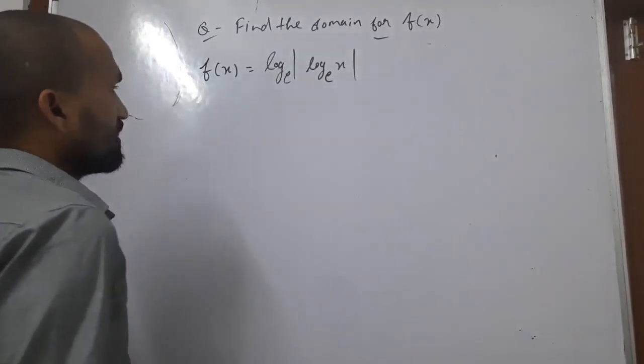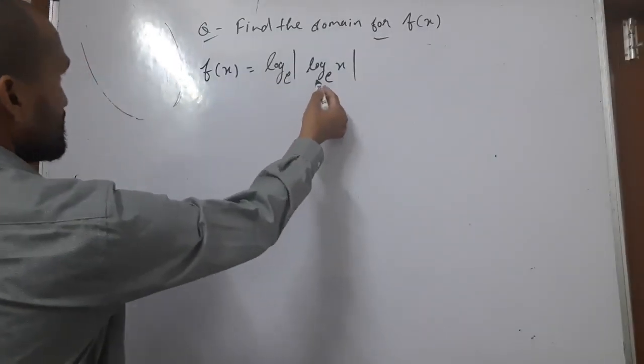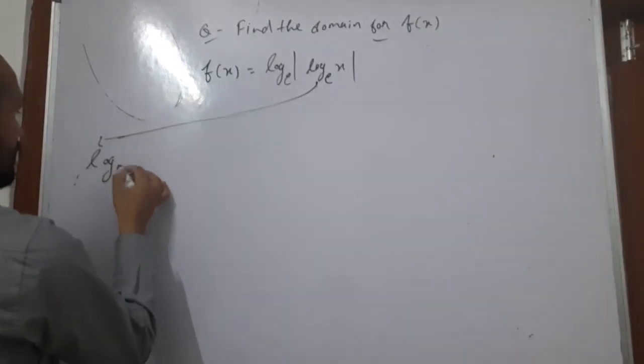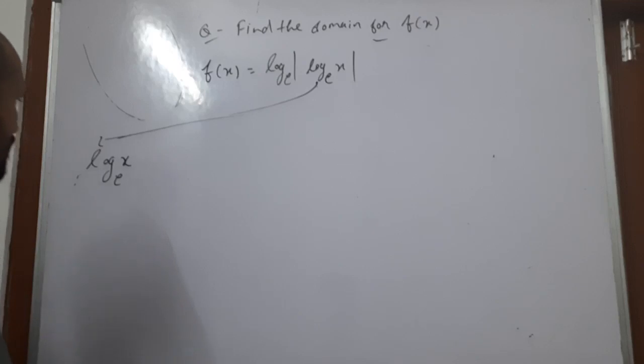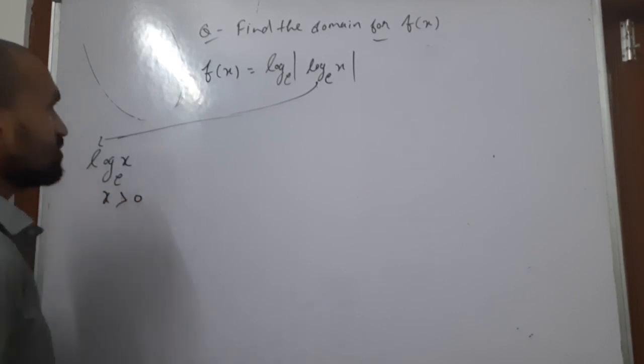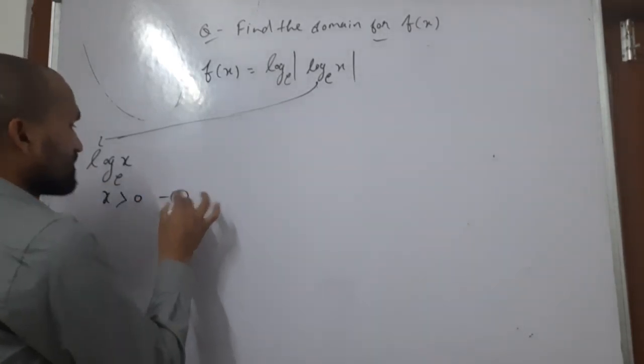As we see here, we have two logs, so we start from this portion. It is log x to the base e. Log x is defined when x is greater than 0. So the first required condition is that x should be greater than 0.